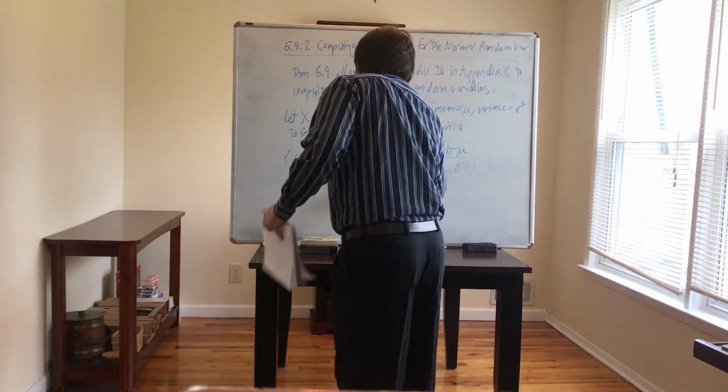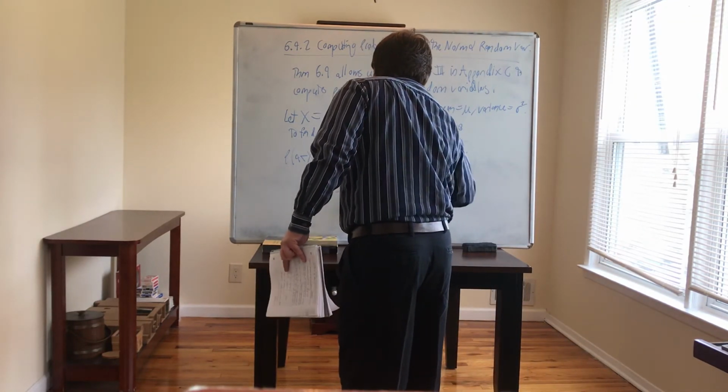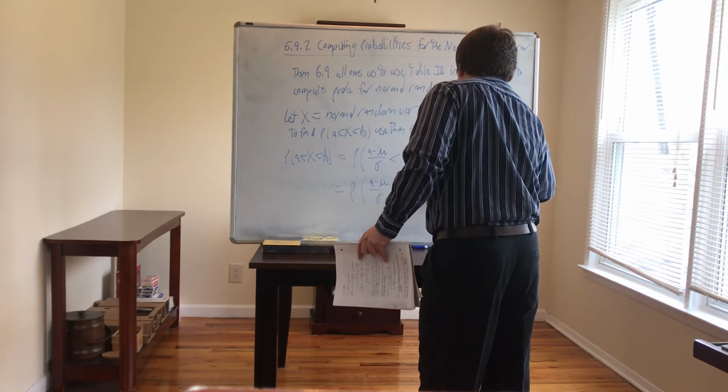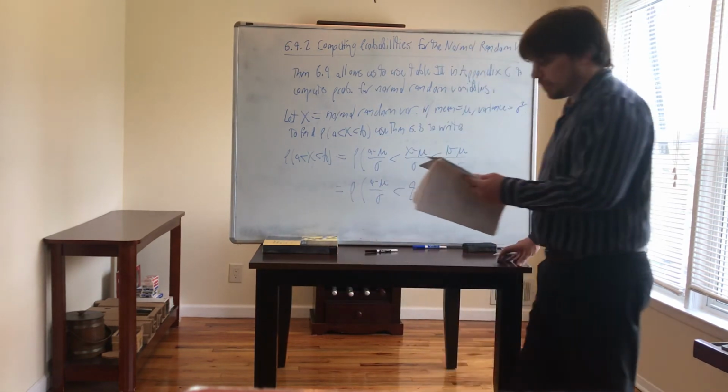That's equal to the probability that a minus mu over sigma is less than z, which is less than b minus mu over sigma.